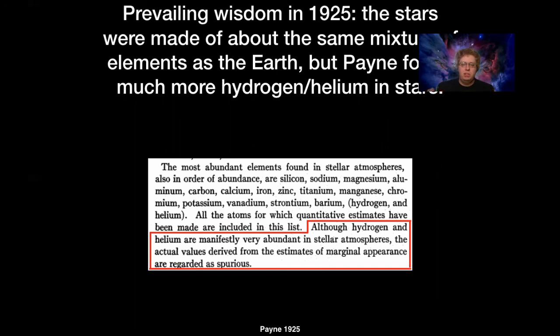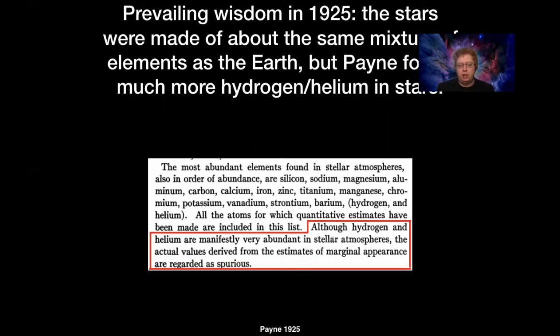Because this was such a revolutionary idea, Payne's advisors, she was a graduate student at the time, advised her to not necessarily claim that this was actually what happened. So in her thesis, she wrote down that although she believed that her calculations were correct, there must have been something else that caused hydrogen and helium to appear to be so much more abundant than what everyone knew to be the case.